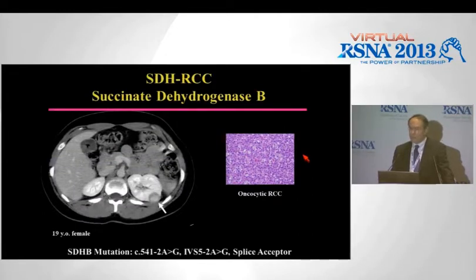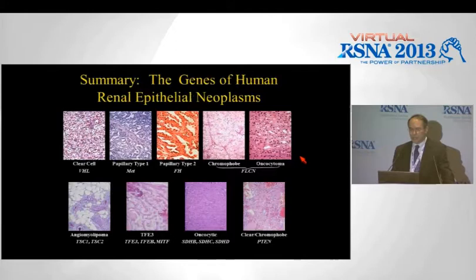So this has been a little bit of a whirlwind through what we've learned by studying families with renal cancers. And what we can summarize from this is a genescape of human renal epithelial neoplasms. Clear cell carcinoma in its purest form is clearly related to von Hippel-Lindau disease.